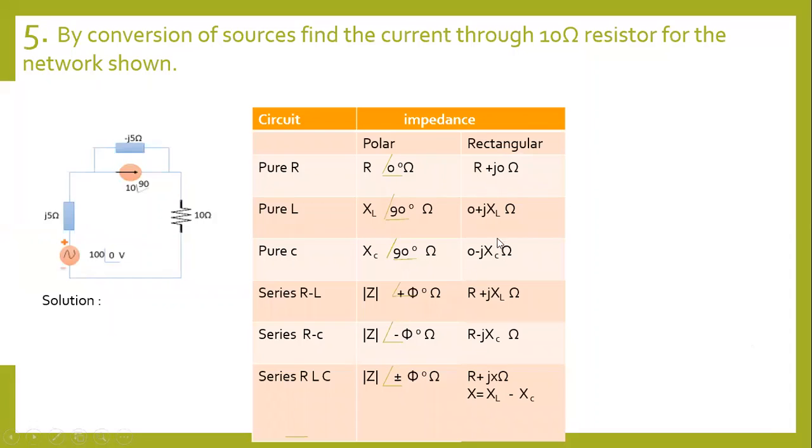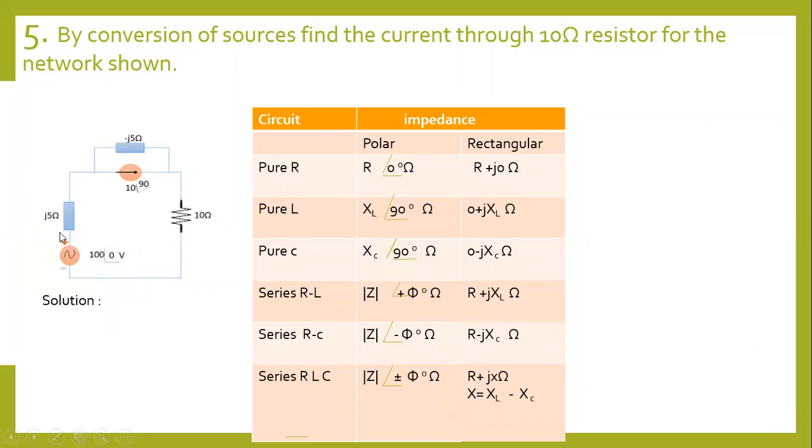Next, moving towards our fifth problem. All the three problems we did were DC circuit problems. The fourth one was a dependent source problem, and this fifth is an AC circuit. What are AC circuits? You can see a minus J5 here. This is nothing but a capacitance.